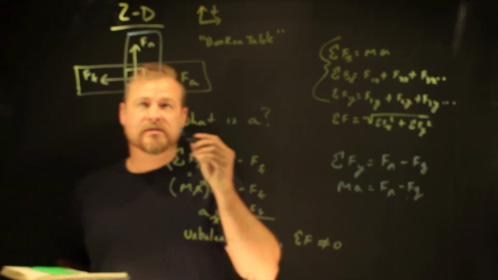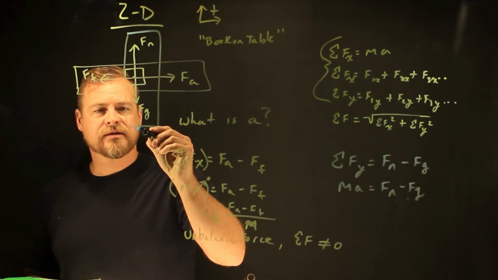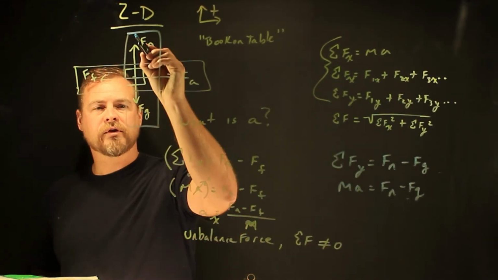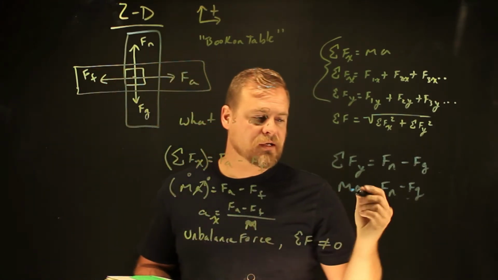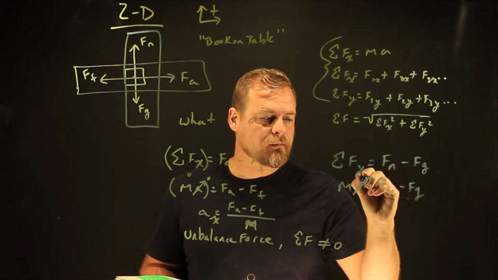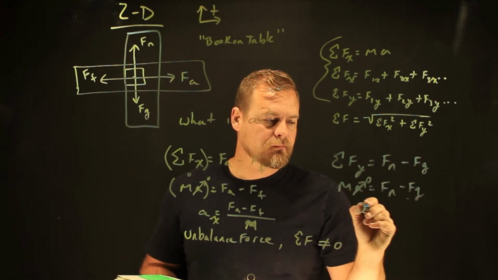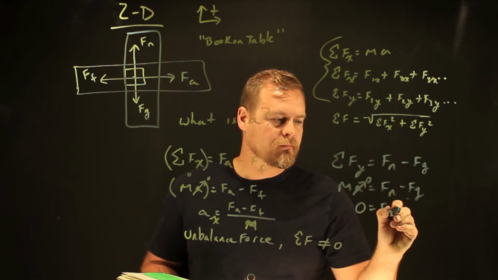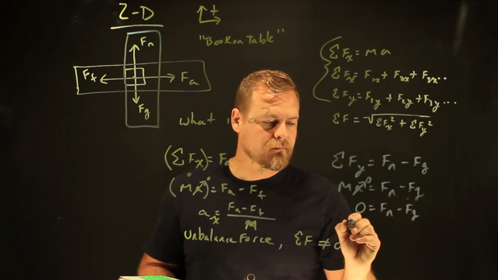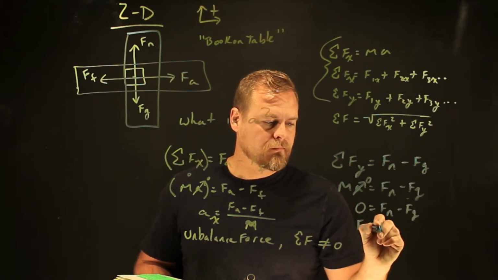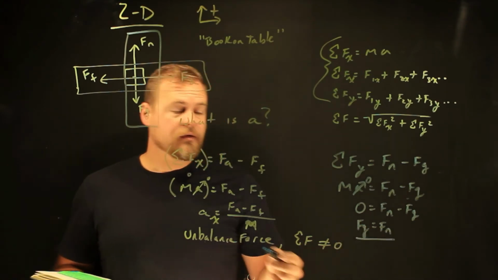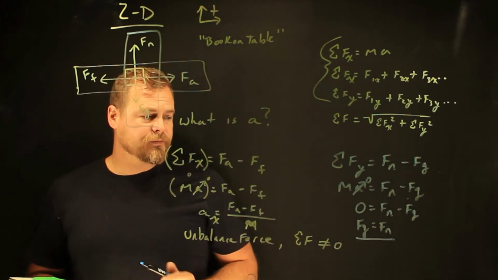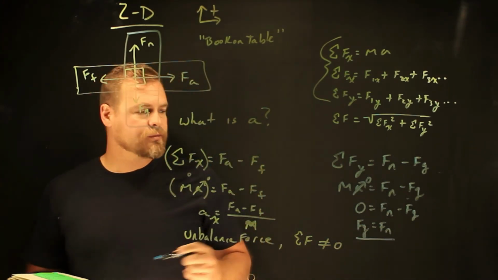It's not accelerating because it's not sinking to the center of the earth and it's not floating away, so that up must equal down. That means there's no acceleration here. So this term hits 0. So, mathematically speaking, the up is equal to the down. So force of gravity is equal to the normal force.